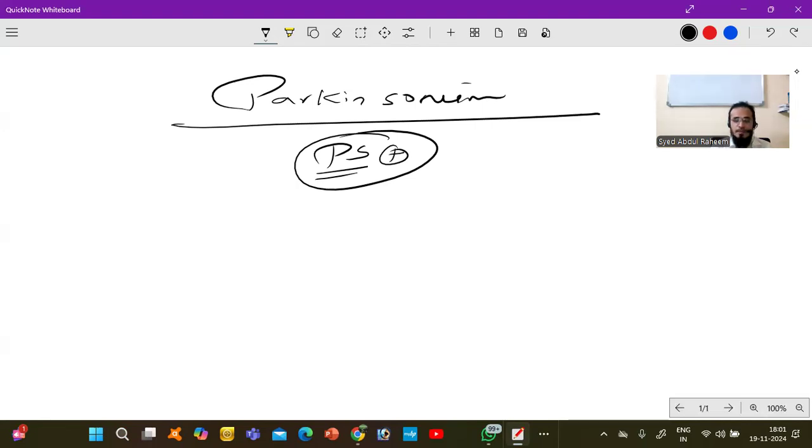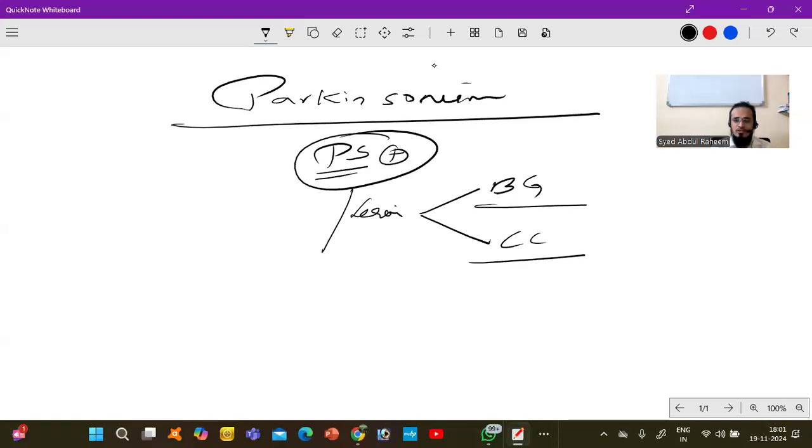So here it is a problem of lesion in the basal ganglia. If the lesion occurs in the basal ganglia or cerebral cortex, the patient has these things.